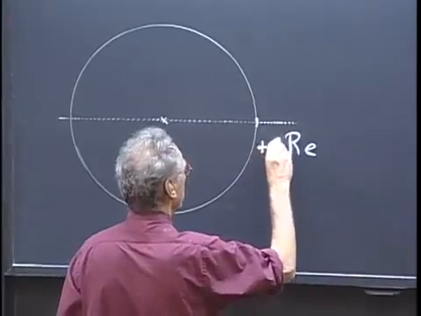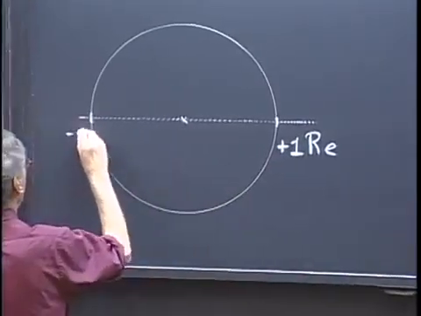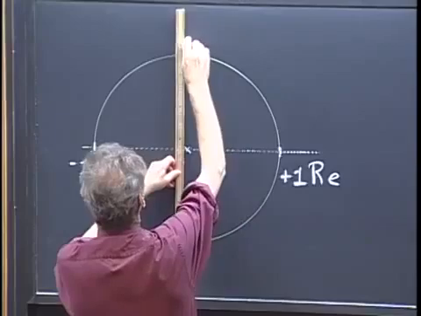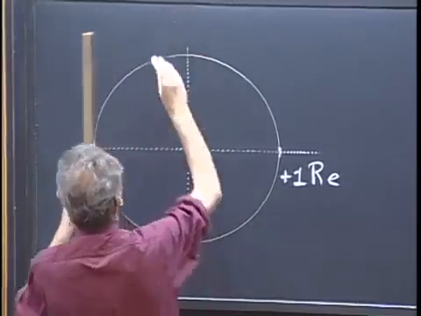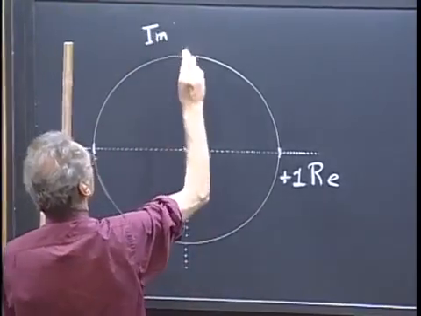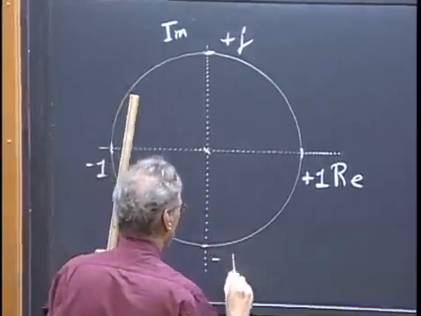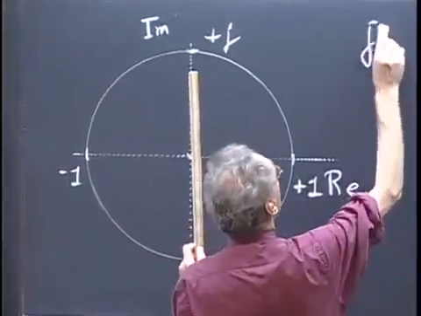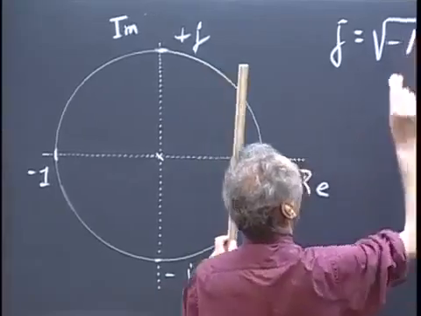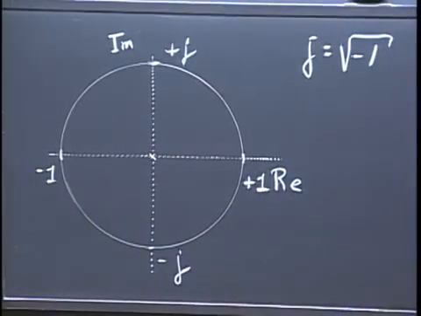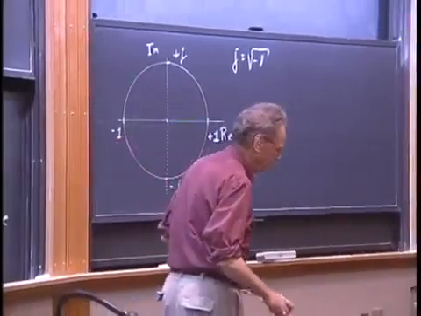And let this be +1, let this be minus 1, and I call this axis the imaginary axis. So this one is plus j, and this one is minus j, and j is the square root of minus 1. We don't call it i in general because i stands for current, so we pick j.